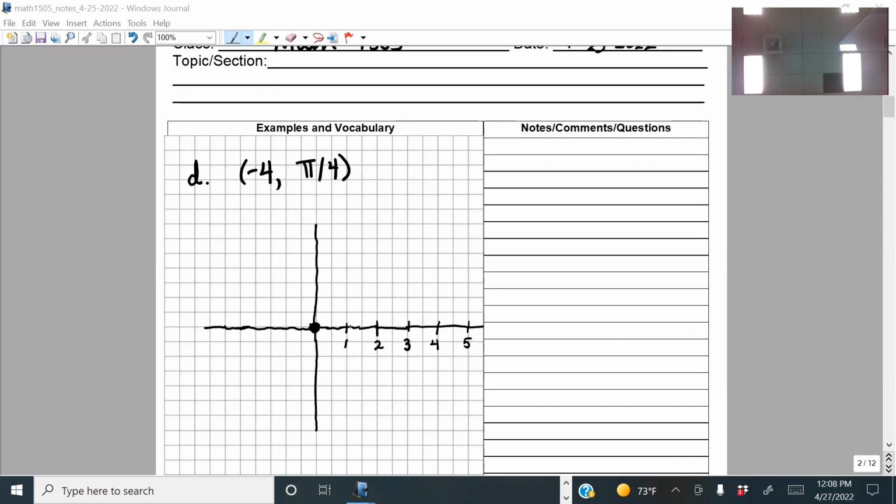And remember, technically, you only really need this positive horizontal axis, or this non-negative horizontal axis. Remember, that's called the polar axis. But almost always, you're going to draw the full set of axes, a vertical one and a horizontal one, when you're using polar coordinates.